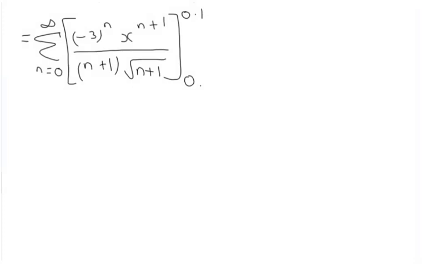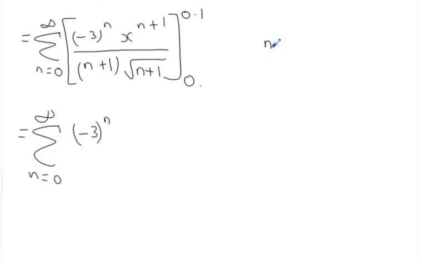So we could have probably done this a line ago, but we're going to pull out everything that isn't dependent on x. So I'm going to say this is the sum from n equals 0 to infinity of (-3)^n over n plus 1 times the square root of n plus 1.